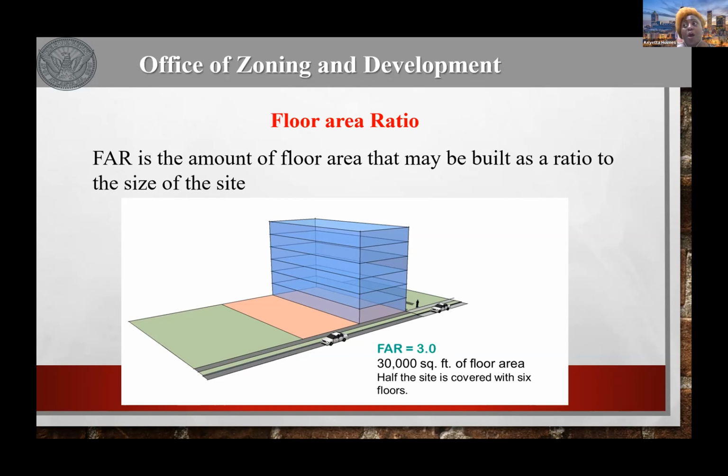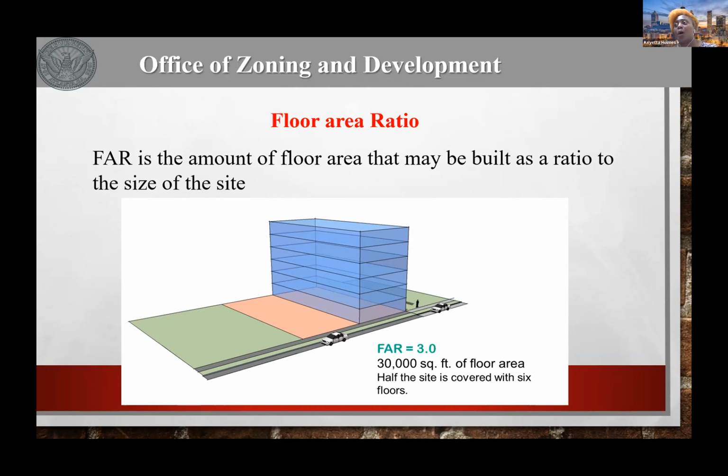So FAR is really related to the bulkiness, or how much bulk can be on a particular site. It really doesn't mean anything to the average citizen unless you're sitting with a code and a site plan and hashing the numbers out, or you're someone who's really into that kind of thing.